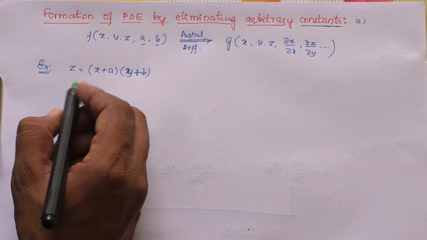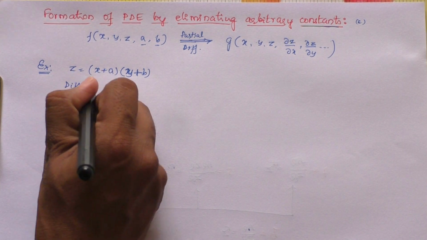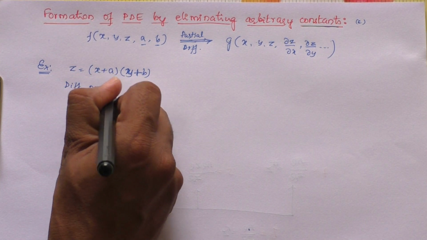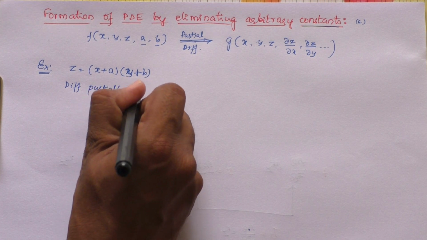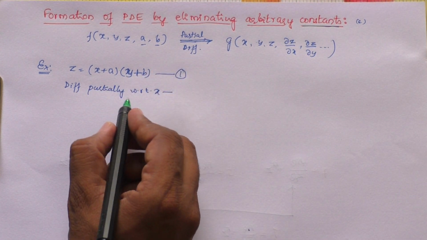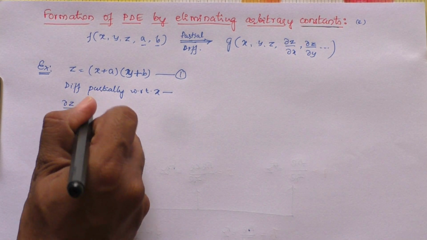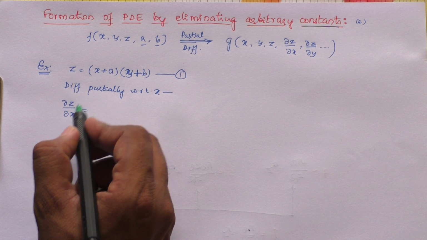Now differentiate this expression partially with respect to x. Take this as equation number 1. Differentiating with respect to x, you will get dou z by dou x.